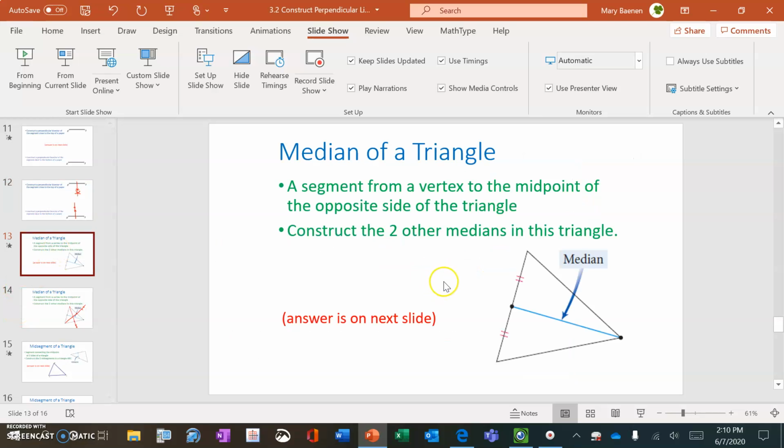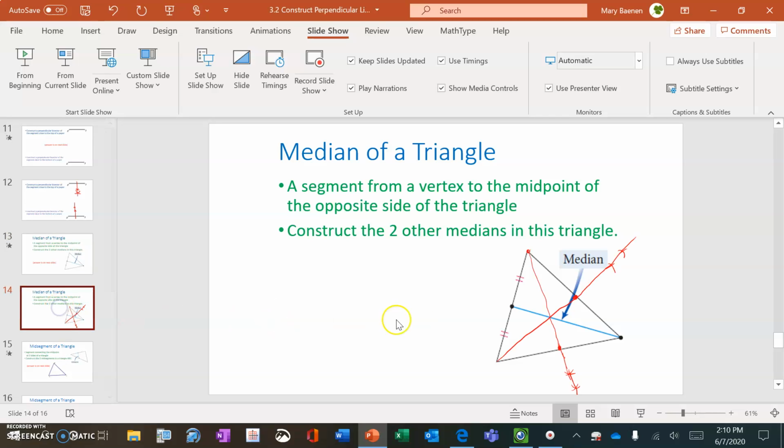Okay, the median of a triangle is a segment from the vertex to the midpoint of the opposite side of the triangle. It says construct two other medians in this triangle. So I'll show that to you here. This is what I did.